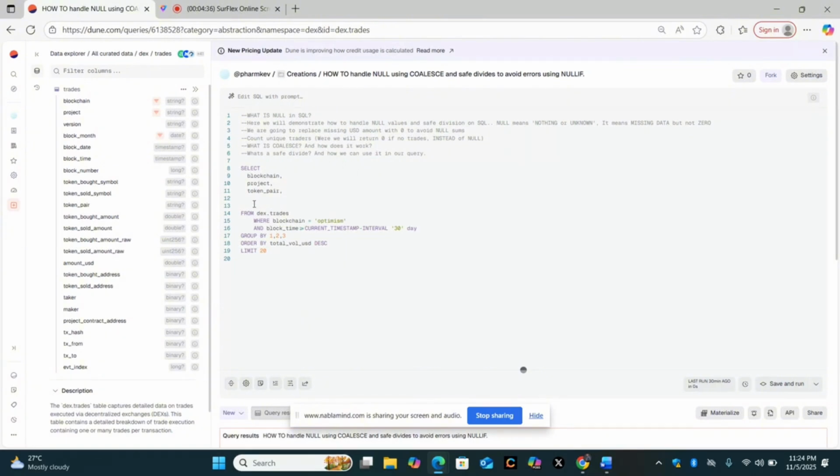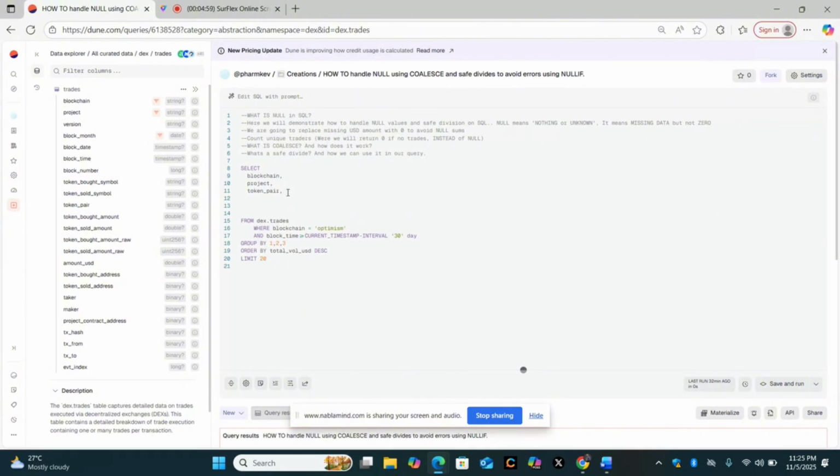Like I said, this is from the dex.trade table, which has the blockchain and project columns. You have to make sure you are selecting the right columns to give you accurate results.